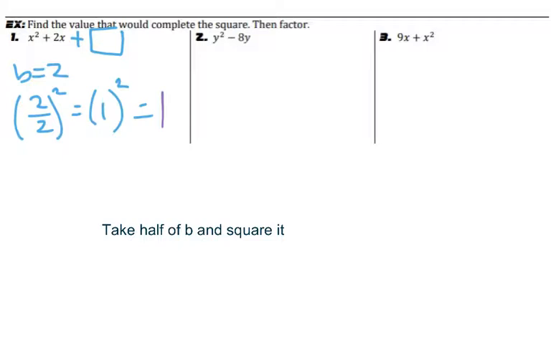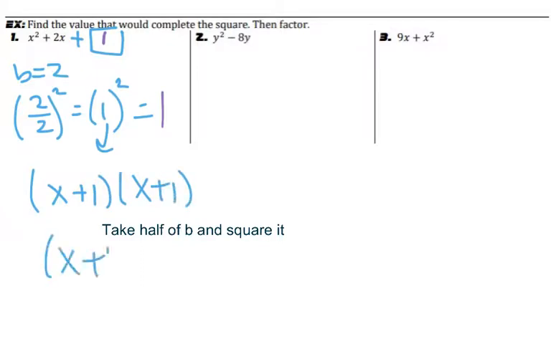So the value that we would add, or that we would put in the c spot, if we were talking about a, b, and c, our constant, is 1. Then if we factored this, x squared plus 2x plus 1, we would get x plus 1 times x plus 1, or x plus 1 squared.